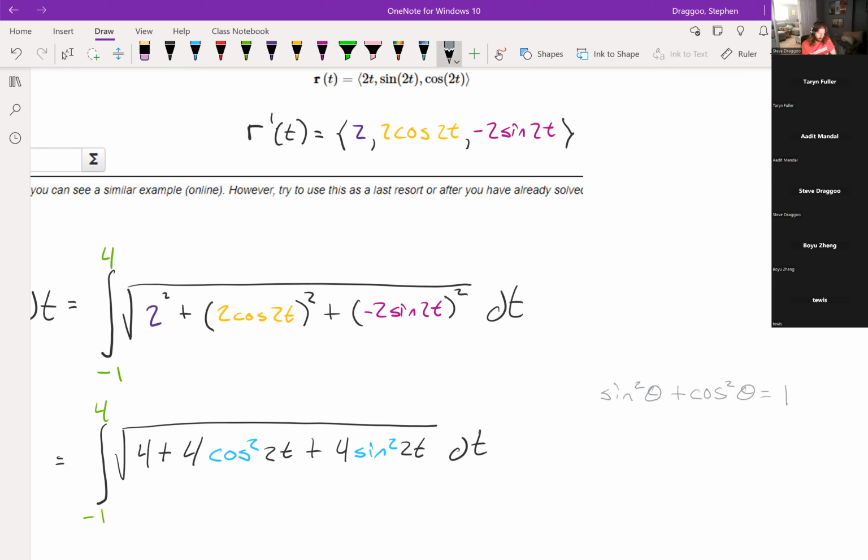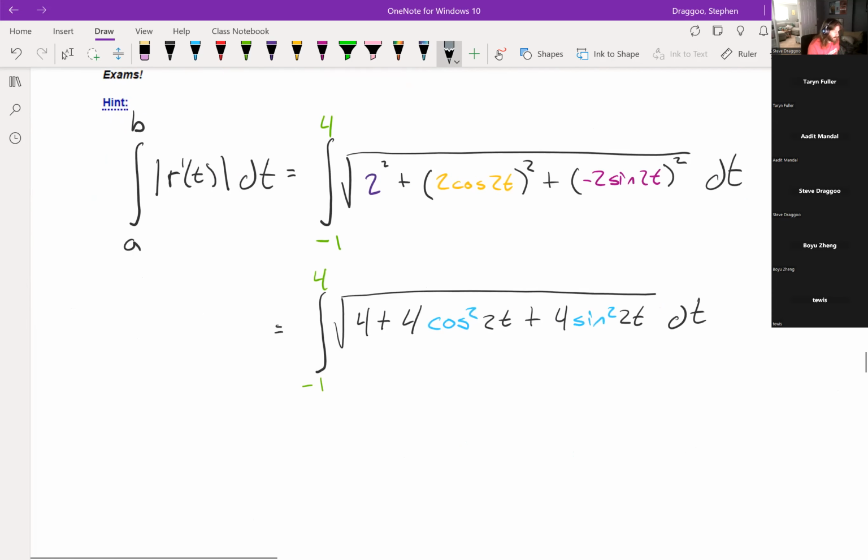So an old identity that'll be helpful from trigonometry, where that thing's always going to hold true as long as it's the same angle being plugged into both sine squared and cosine squared, which is the case here. Both of those are 2t. Really, that expression there is the radius of a circle. In this particular case, the radius of our circle is 2, or I guess, it's equal to the radius squared, but the radius is the important part in there.